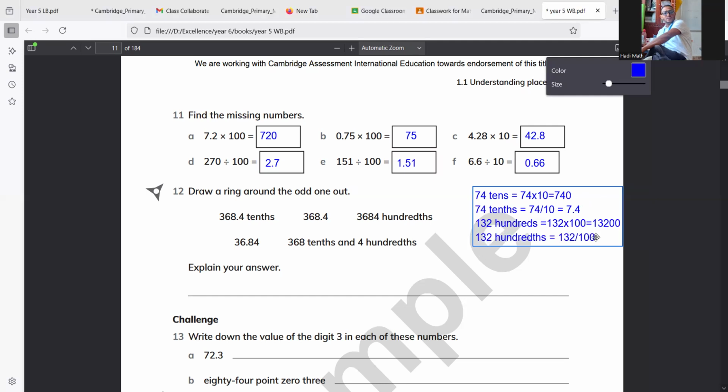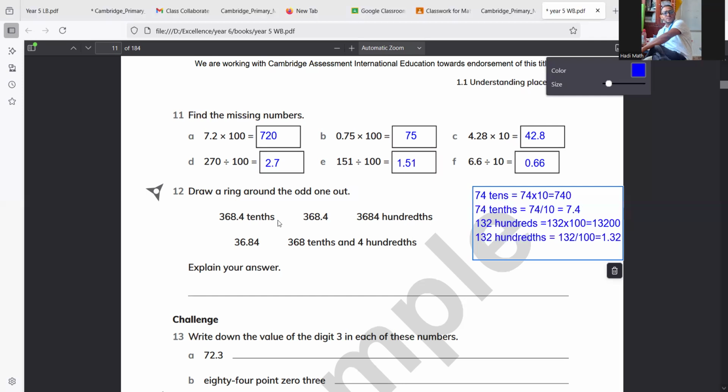And when you divide this number by 100, you put the decimal point after 2 digits. You count 1, 2, and you put your decimal point here. It's going to be 1.32. The same thing for thousand and thousandths.